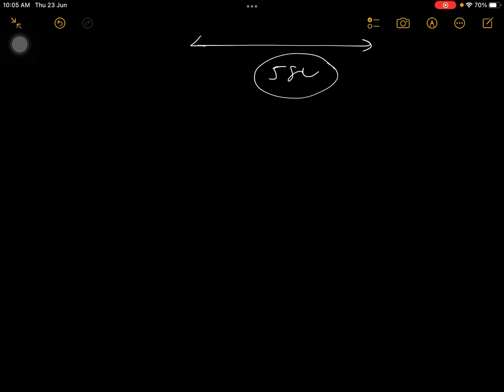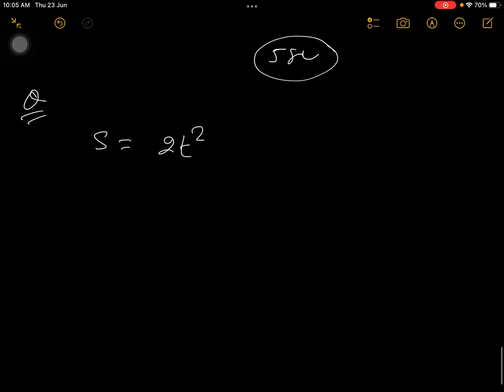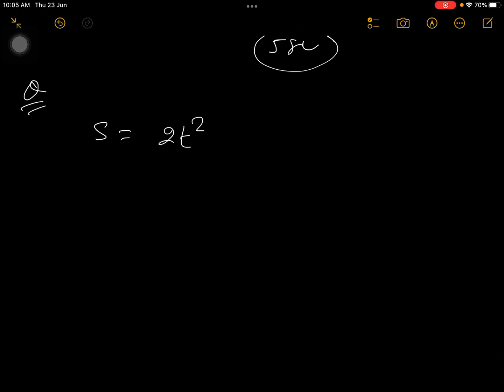Suppose I am giving you s equal to 2t square as a fresh question. Take this as a fresh question, s equal to 2t square. And in this question, I want to ask: first question, distance traveled in 3 seconds.